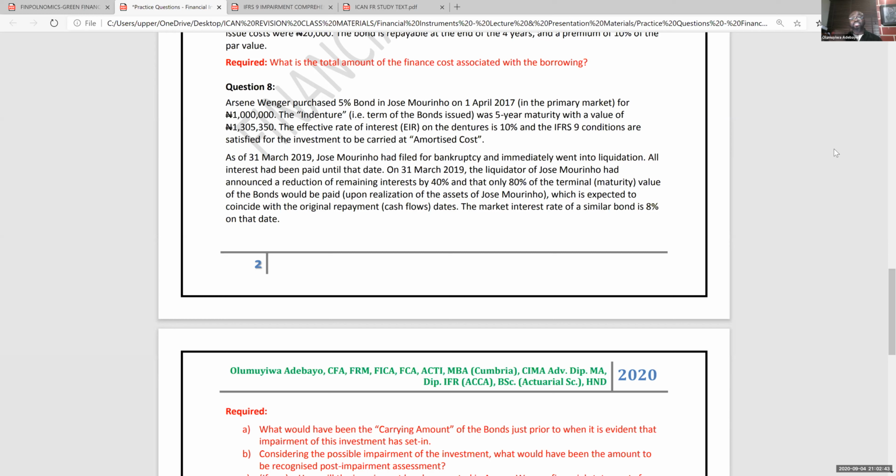Jose Mourinho had filed for bankruptcy and immediately went into liquidation. Now, what happened thereafter?